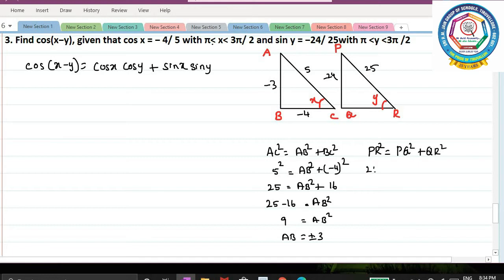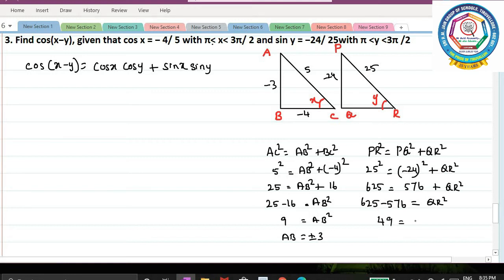PR square is 25 square, PQ square is minus 24 the whole square, plus QR square. 25 square is 625, minus 24 the whole square, 576, plus QR square. Therefore 625 minus 576 equals QR square. That is equal to 49. Therefore QR square is equal to 49. Therefore QR equals plus or minus 7. So you have to write minus 7 because it lies in the third quadrant.